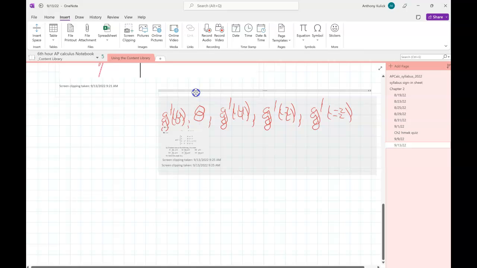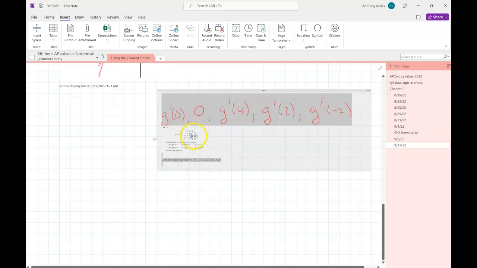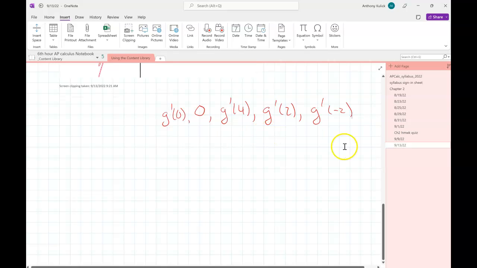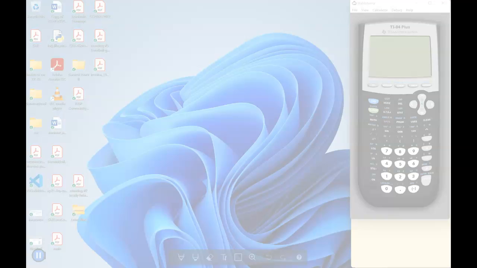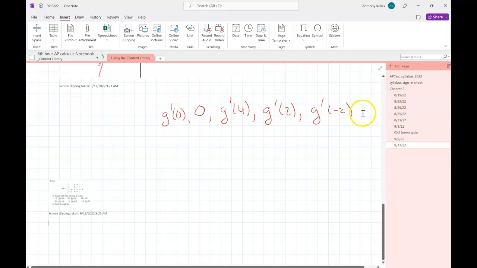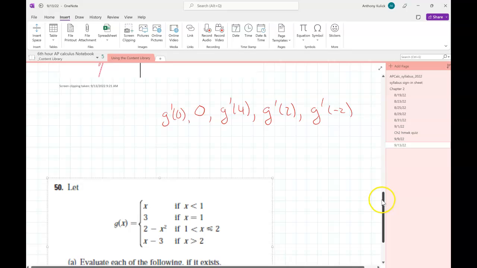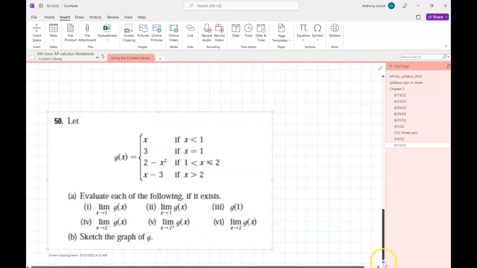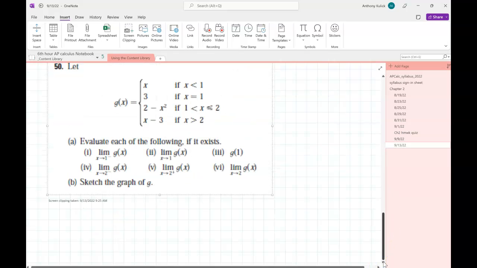Oops, that's not what I wanted it to do. Try it again. Put that in a reasonable place, and now screen clip it. Okay.